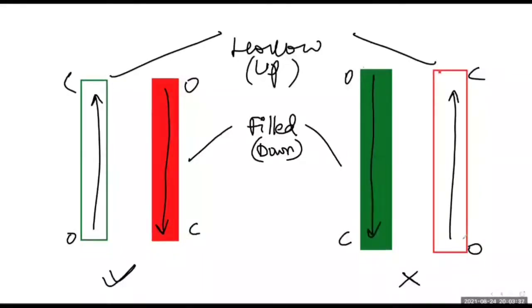So the reason is that when a stock is a green hollow and it is bullish, typically we would assume that the closing point of the stock should have been higher than the closing point of the previous candle. Let's say this is the closing of the previous candle. So the closing of the next candle should be higher than the previous candle.